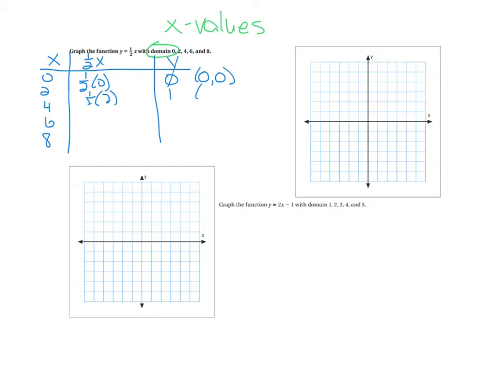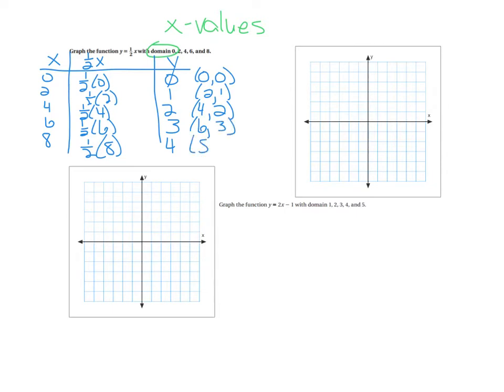So we just found the point (2, 1). When x is 4, half of 4 is 2, so we found the point (4, 2). Half of 6 is 3. And half of 8 is 4. So we found these points.